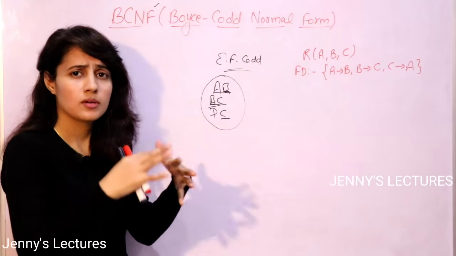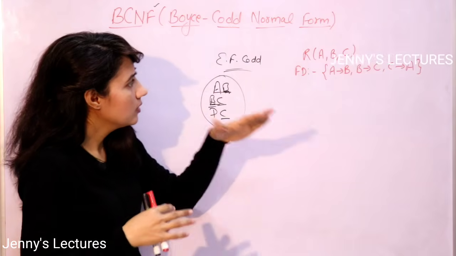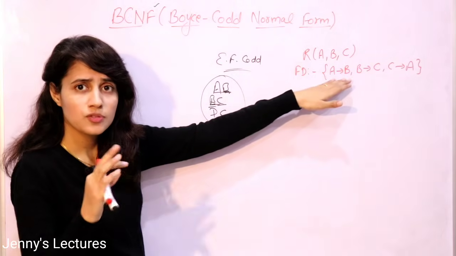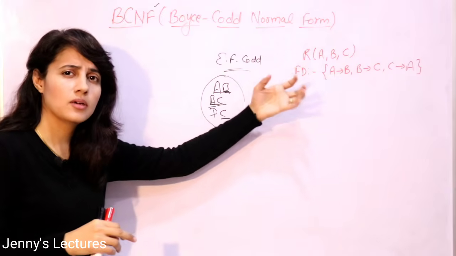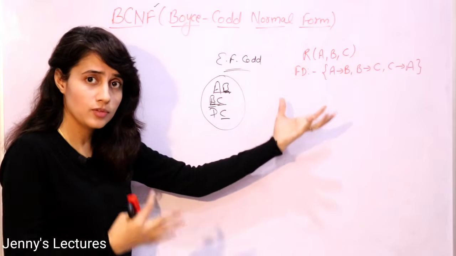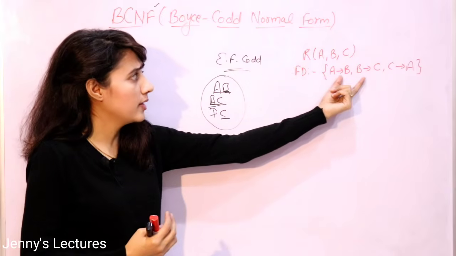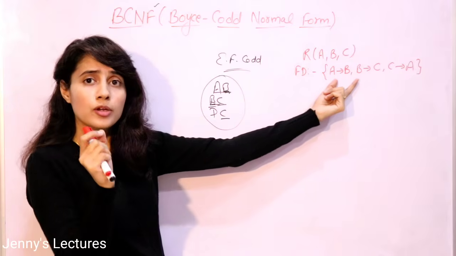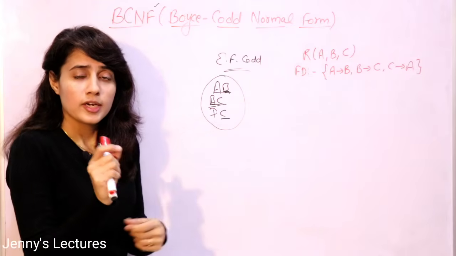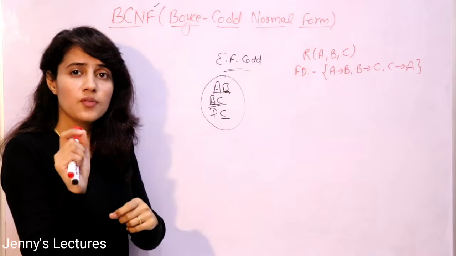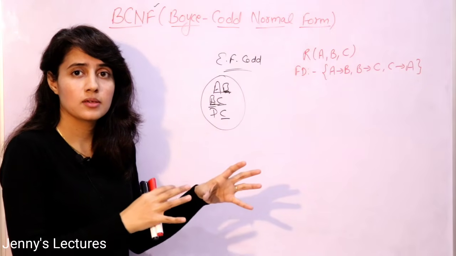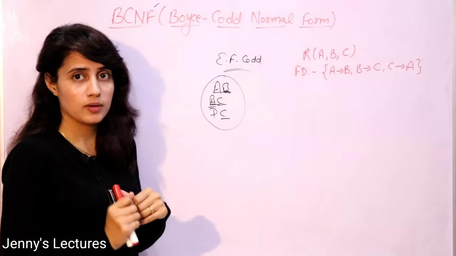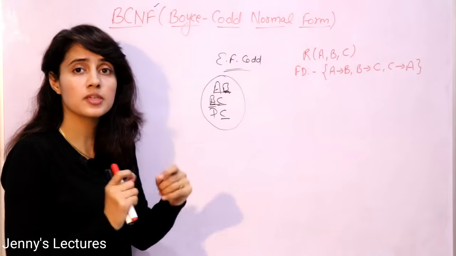And by default we assume that the relation given is in first normal form, plus these dependencies given are non-trivial, because we usually take those kind of dependencies that are non-trivial, right? So second rule is for each non-trivial functional dependency, the left hand side of the dependency must be super key, or you can say the determinant must be super key.